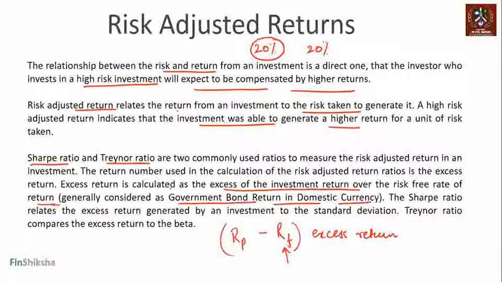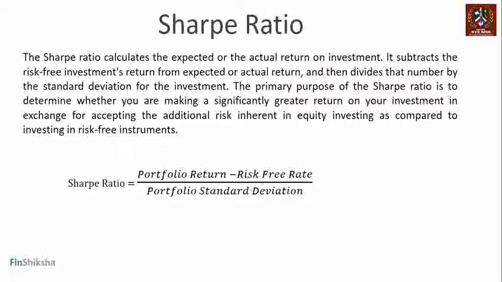So let's take these one by one. Let's take the Sharpe ratio first, and then we will look at the Treynor ratio. So what does the Sharpe ratio say? It says that you have a portfolio return and you have a risk-free rate. That's the excess return you have generated. To generate this excess return, you would have taken some risk. Risk, as we have already seen, is specified as standard deviation in the context of finance.